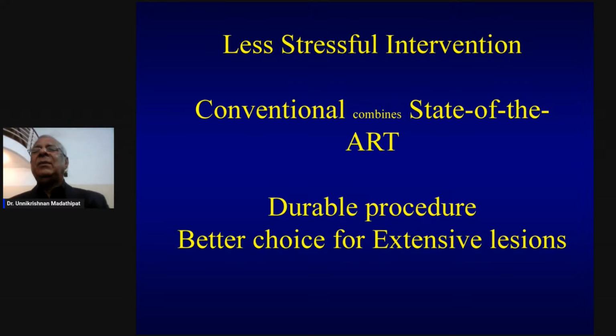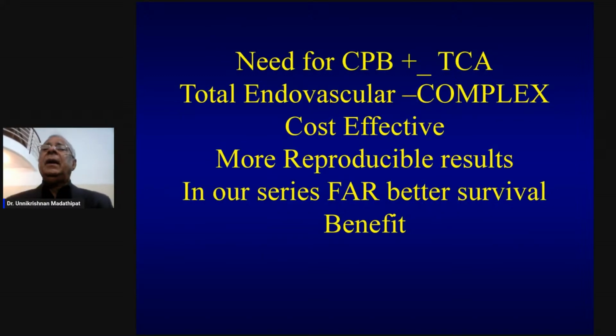And then for extensive lesions, when you have to replace the arch plus most of the descending thoracic aorta, I think we have to choose a hybrid procedure. This I already mentioned, and total endovascular is also an important component.